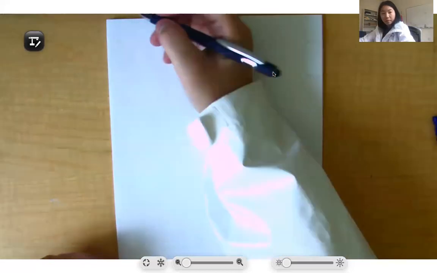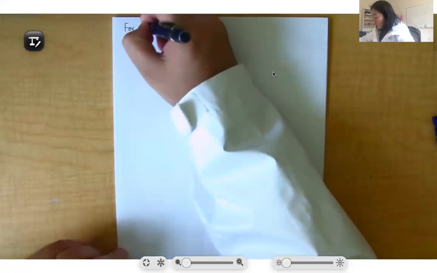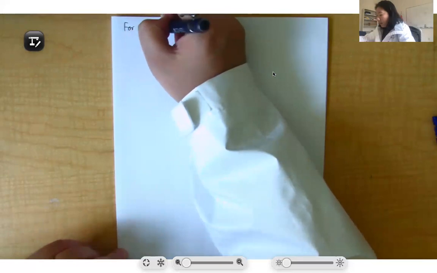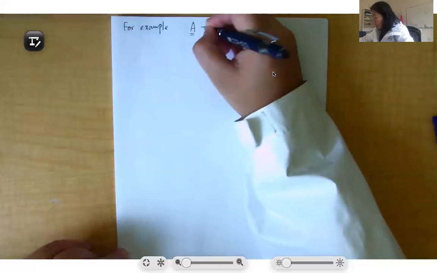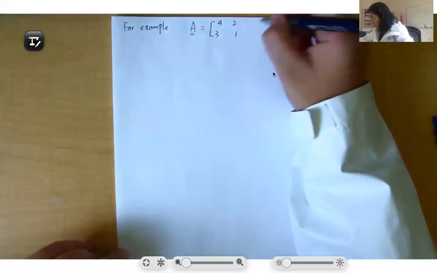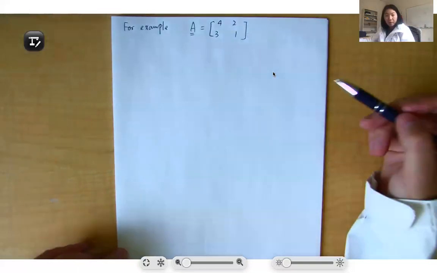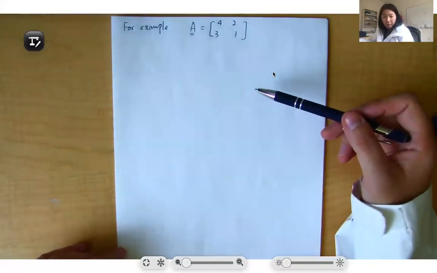Let's make an example, a simple 2 by 2 matrix A: 4, 2, 3, 1. And remember, this has to be a square matrix in order to get the matrix inverse.